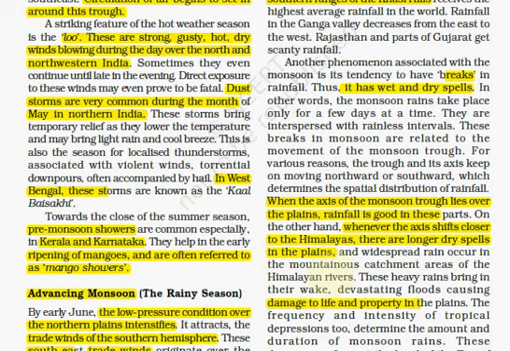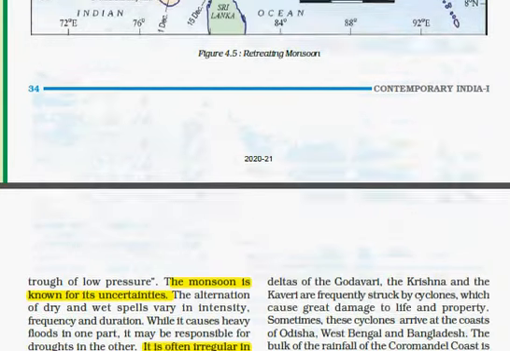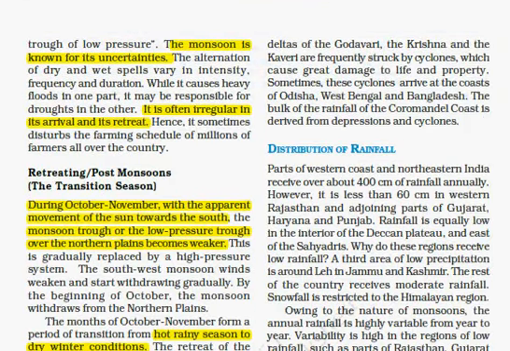This causes various effects like devastating floods, damaging life and property in the plains, or even drought in some of the areas. So the monsoon is known for its uncertainty, and it is often irregular in its arrival as well as in retreat. This causes disturbances in the farming schedule of millions of farmers over the country.